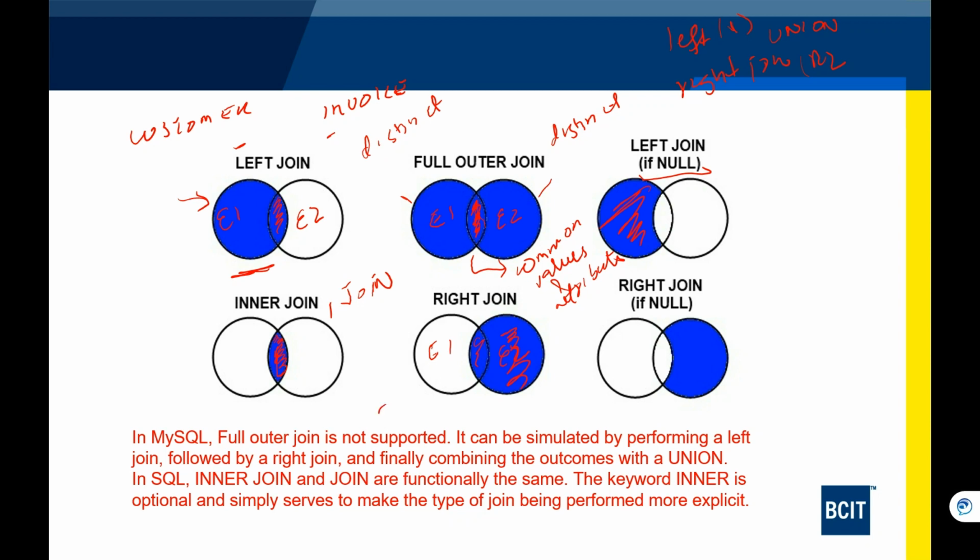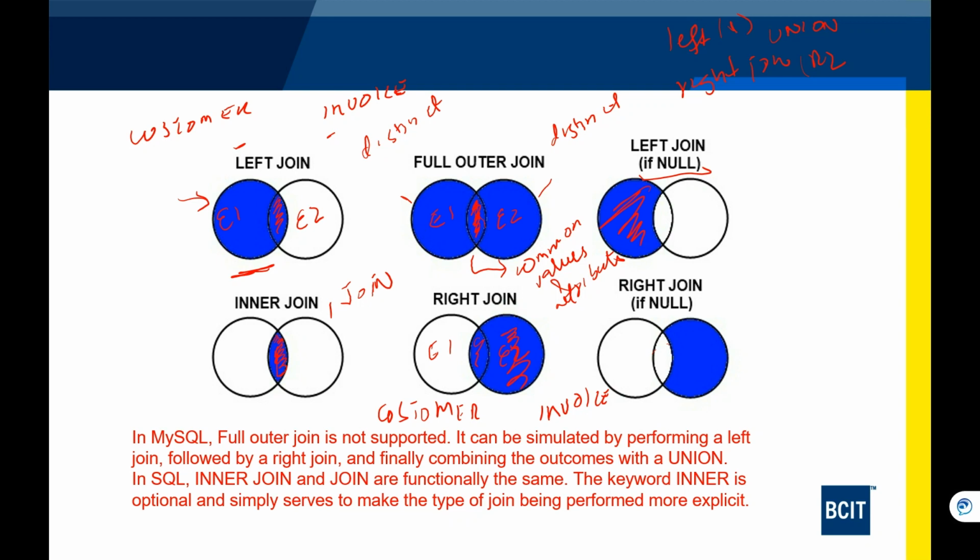So if we have a customer here and an invoice here, it will find the common values between the customer and invoice, and then look at the distinct values in invoice, and whatever information is missing for the customer will be padded with null values. If we want to exclude the common values, we use it with null.